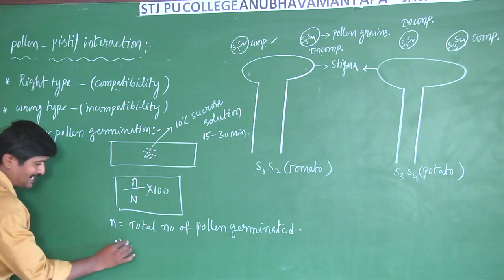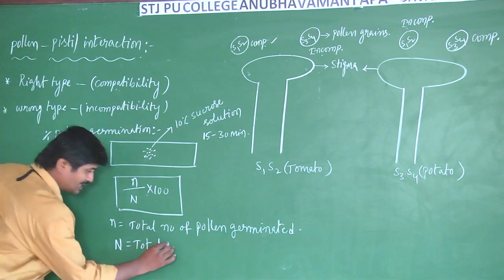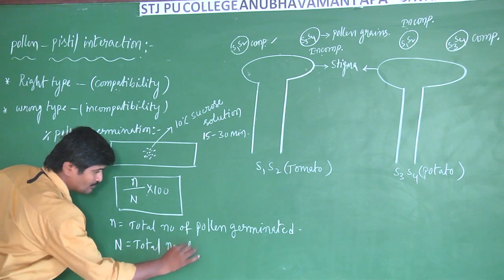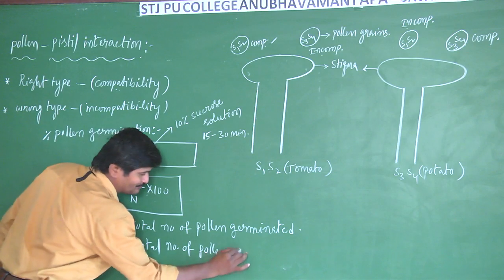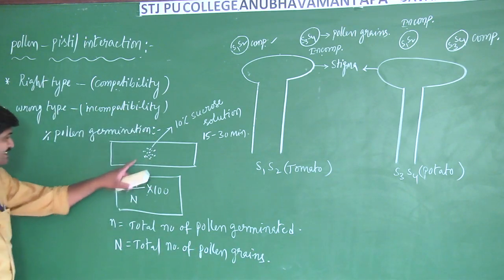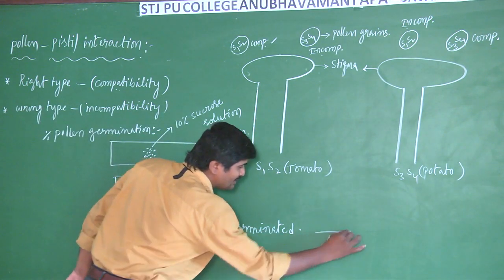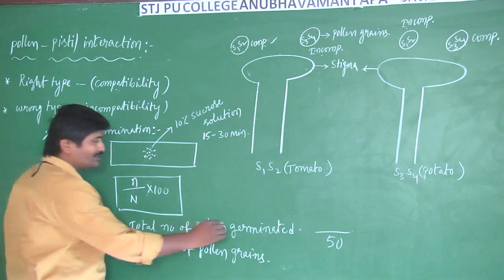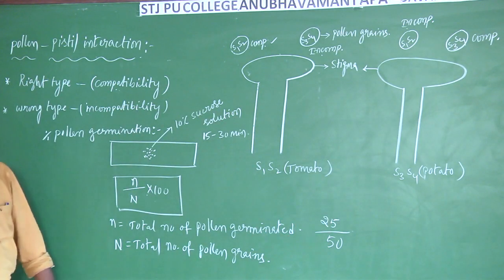What about capital N? The total number of pollen grains. For example, in this region the total number of pollen grains is 50, and out of 50, say 25 are germinated.